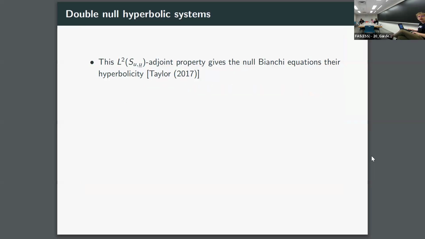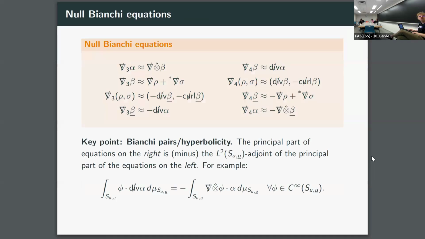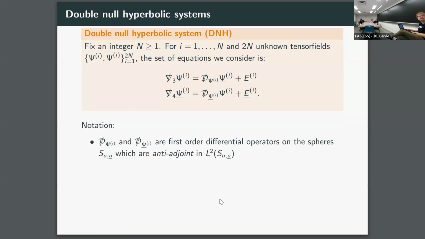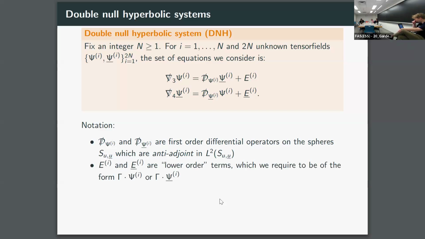So just like requiring that this integration by parts can be done again, right? How divergence and this differential operator here were minus L2 adjoints. I'm going to require that when I write it like this, these principal parts on the right-hand side are L2 anti-adjoint. These E's are just lower order terms.